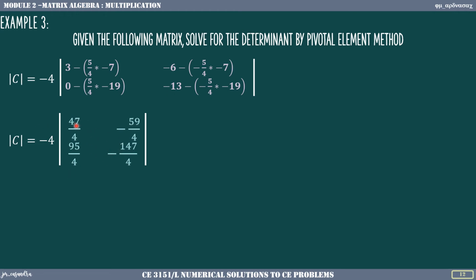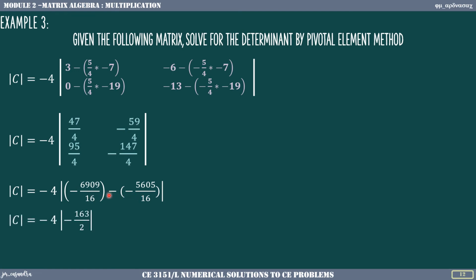So we can now apply Sarrus' rule. 47 over 4 times negative 147 over 4 will give us negative 6909 over 16. 95 times 59 divided by 4 and 4 will give us negative 5605 over 16. So simplifying the elements inside our matrix, we'll have negative 163 over 2.